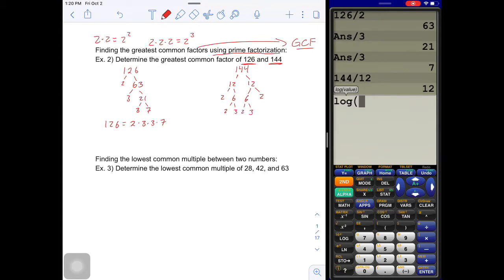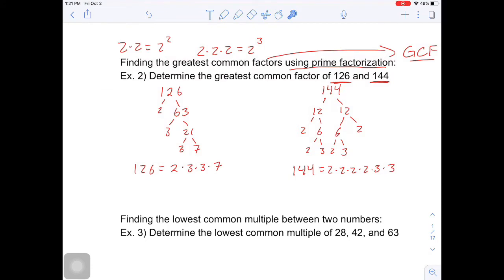And now I can represent 144 as, well, there's 1, 2, 3, 4 2's, so 2 times 2 times 2 times 2 times 3 times 3. And there we have our value. Let's maybe check if I got that right. So 2 times 2 times 2 times 2 times 3 times 3. And there's 144. Great.